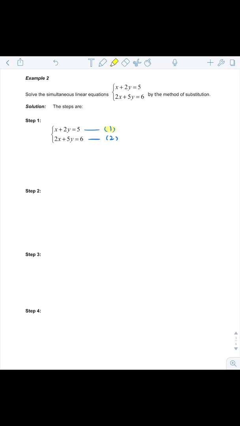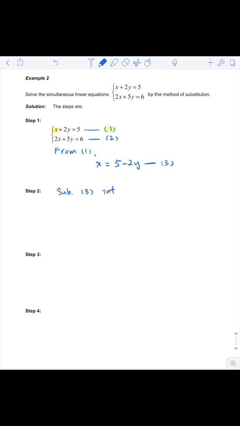And then we can choose one of the unknowns to make it the subject of the equation. We can choose x. And then from equation 1, we get x is equal to 5 minus 2y. And we label this as equation 3.